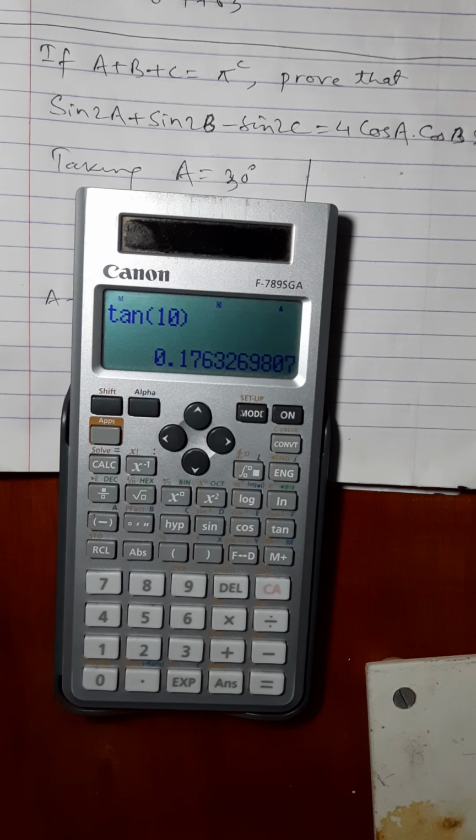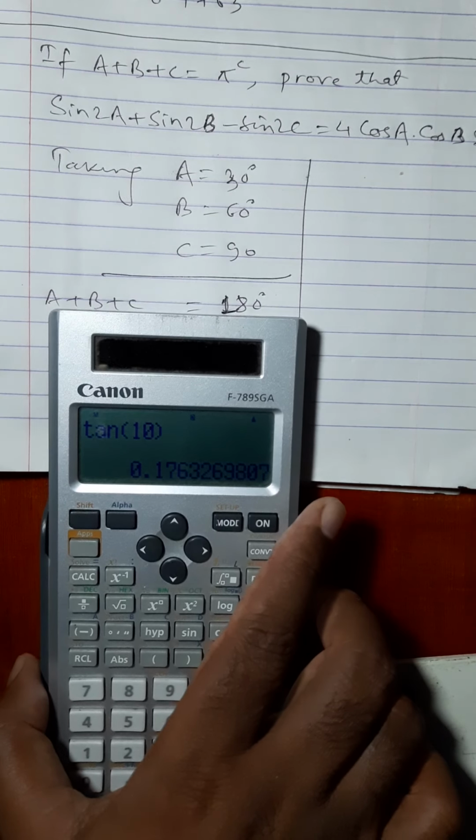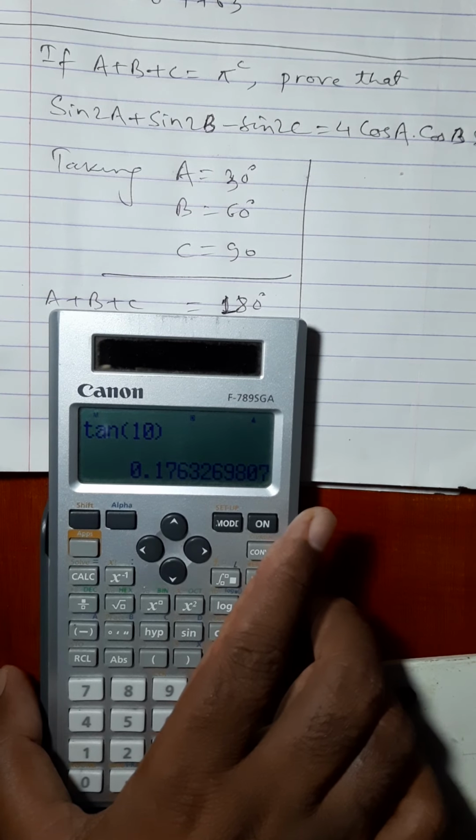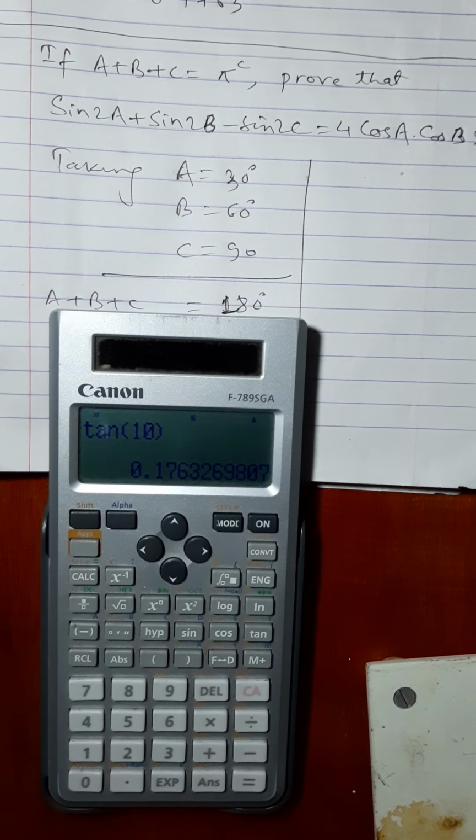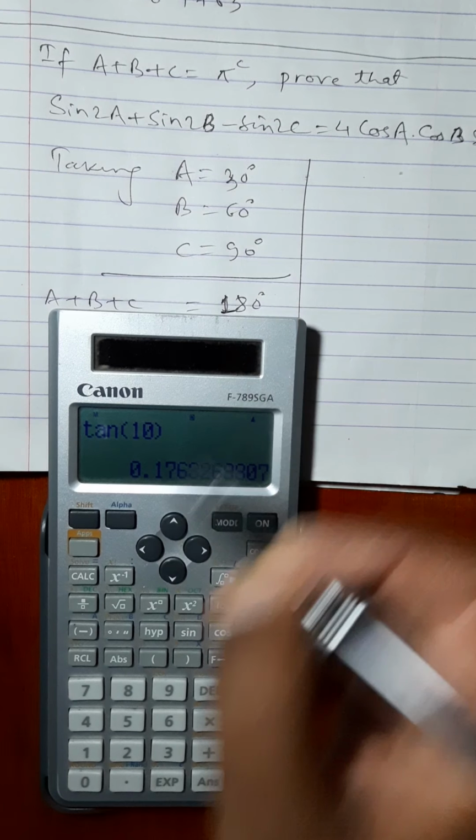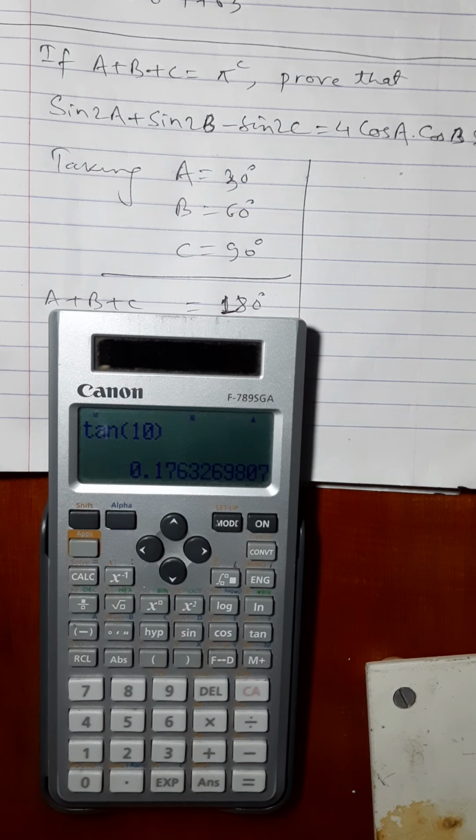So here I have taken A equals 30 degrees, B equals 60 degrees, C equals 90 degrees. You can also choose angles according to your convenience, but the sum of the three angles must satisfy the given condition. Here A is 30, B is 60, C is 90, and when you add all these angles we get 180 degrees.